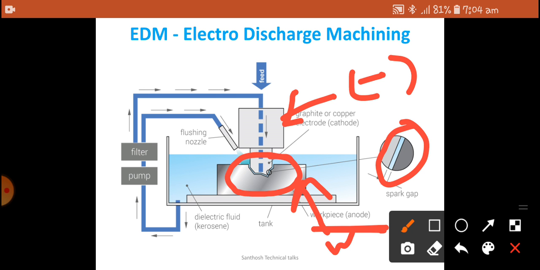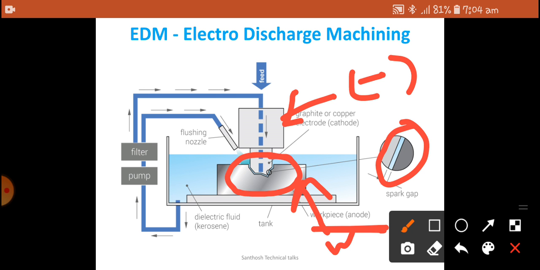In order to enhance this, we have to enhance the transfer of electrical energy, as well as control the gap and control the spark, so we are using a dielectric fluid like kerosene. The kerosene is forced or pumped between the anode and the cathode, and we have a continuous feed of the electrode in order to make the profile.